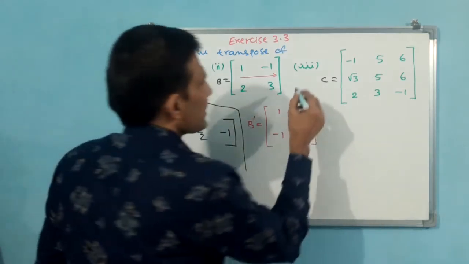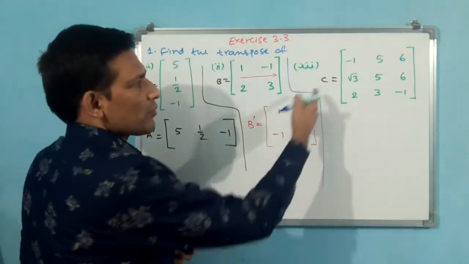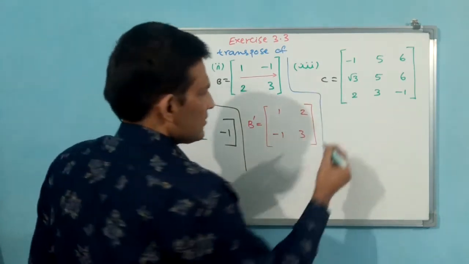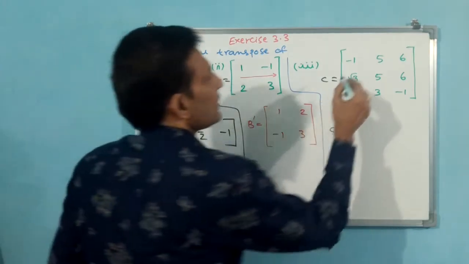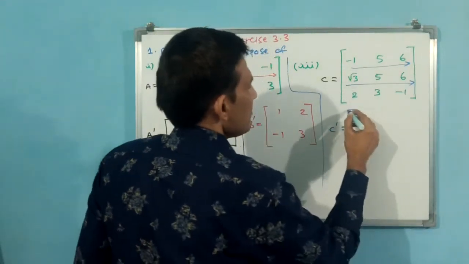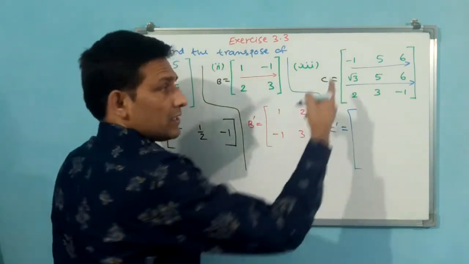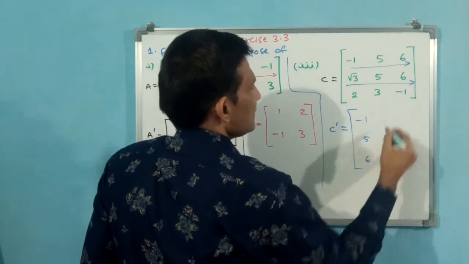Let us go for the third part. The third part, we have taken this as C. Now C transpose is equal to. You put arrows also. You see, these arrows are there, then it will be easy for you. Write row into column: -1, 5, 6.